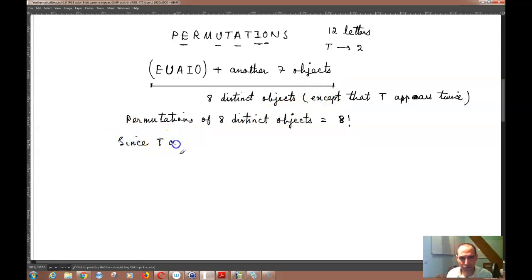Since T appears twice, I take my 8 factorial and divide it by 2 factorial to take the permutations of T out.